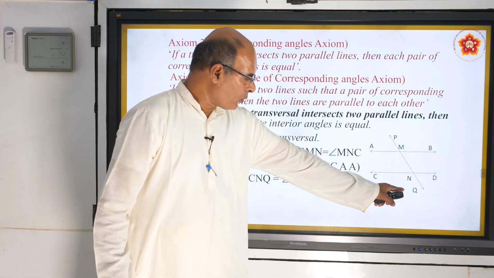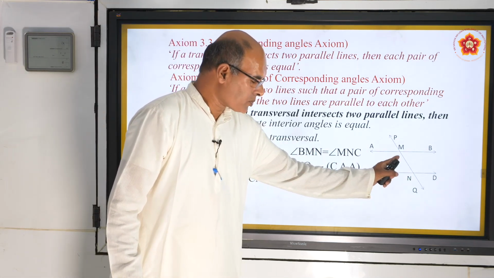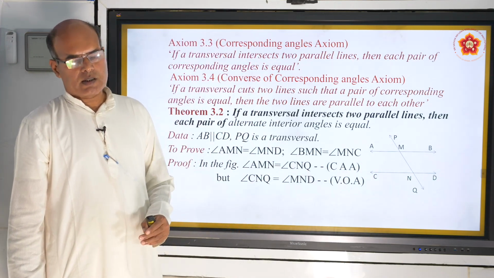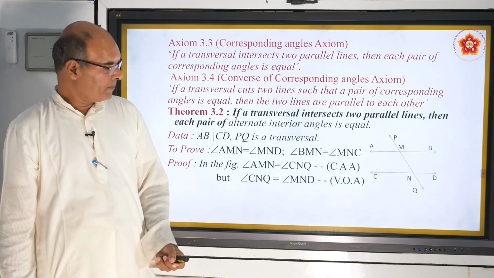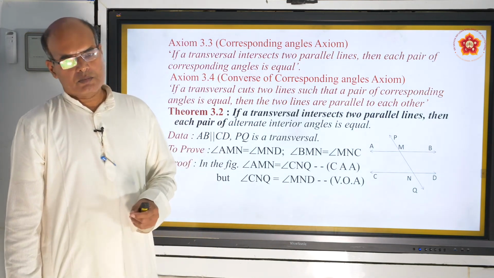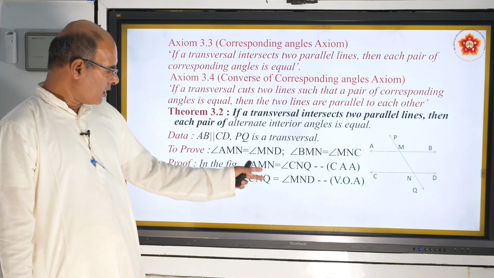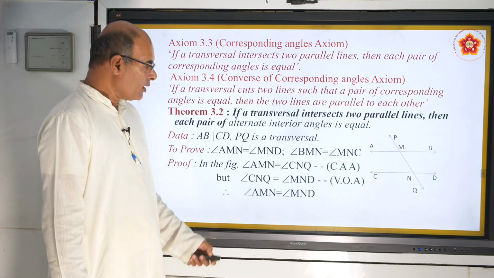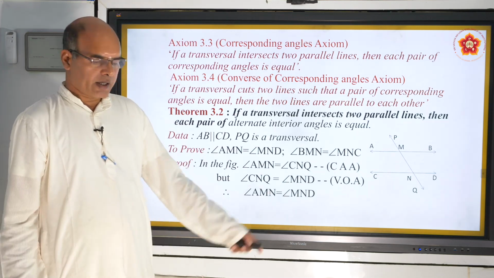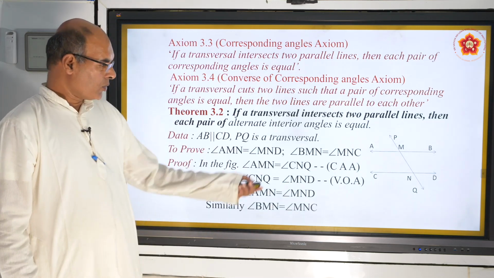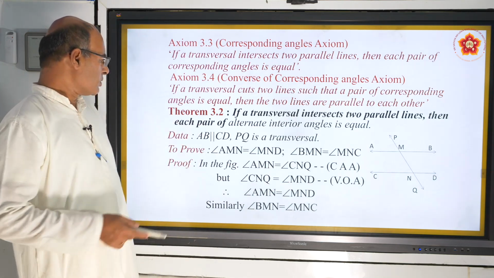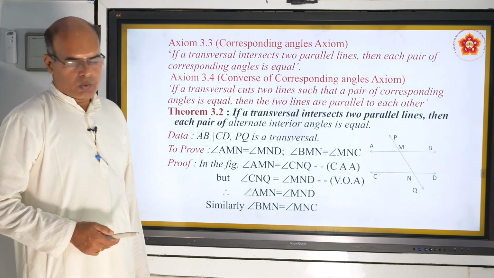These two are vertically opposite angles, and these two are corresponding angles. Corresponding angles are equal if the lines are parallel, as in axiom 3.3. Vertically opposite angles are equal, as proved in theorem 3.1. So comparing these two, angle AMN is equal to angle MND. That is one pair of alternate angles. In the same manner, we can prove the other pair of alternate angles also. So this is about theorem 3.2.